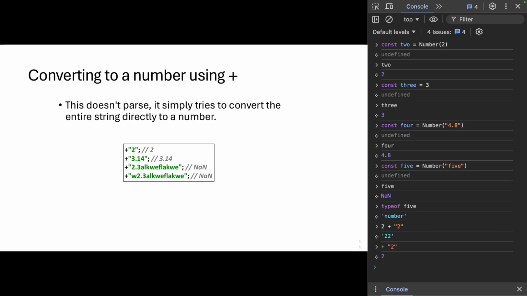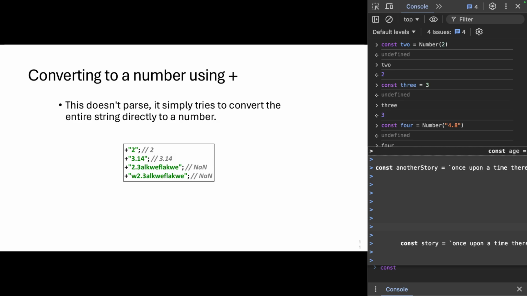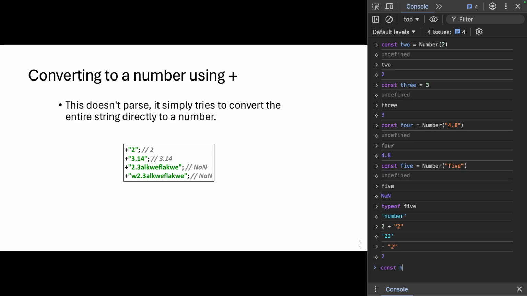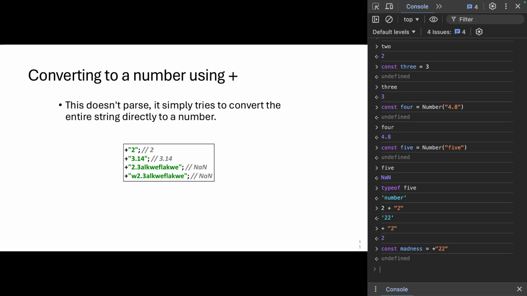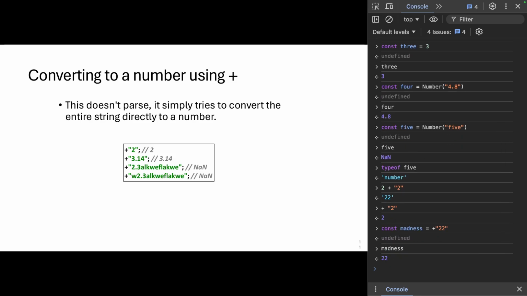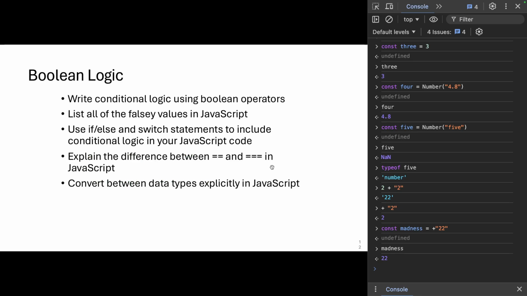It's a strange bit of syntax, but you can do that. I don't even know why you would do it. Madness is equal to. Does this even work? I don't even know. Yeah, I would not let that code through a code review. No. No.